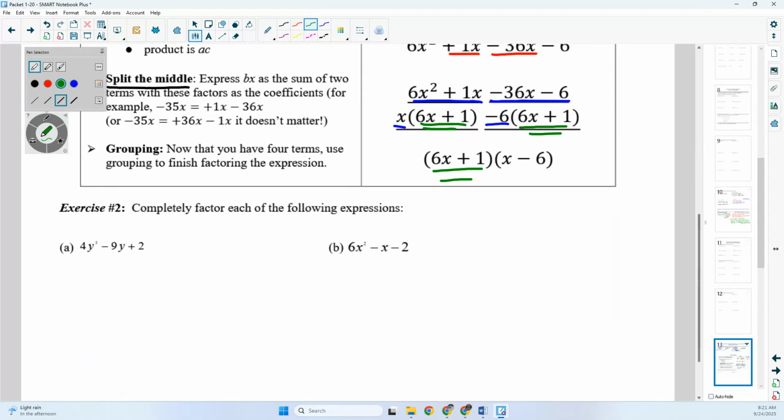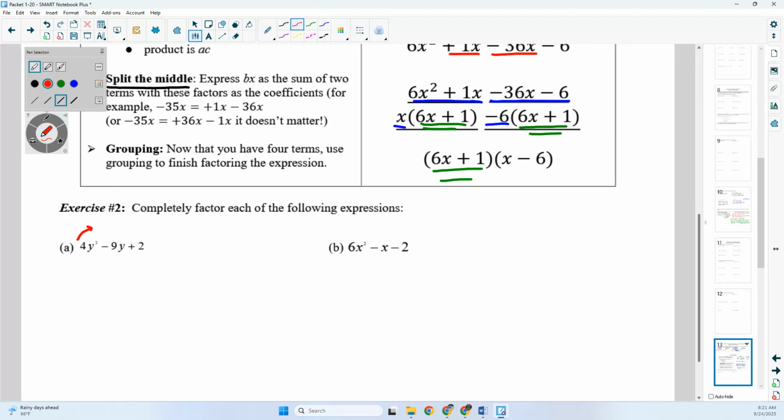I want you to try A and then come back to the video, but I'm expecting you might not make it the whole way through because this is brand new. Looking at this first problem, we have 4y squared minus 9y plus 2. I can't take out the 4 in the front because 9 does not have a factor of 4.